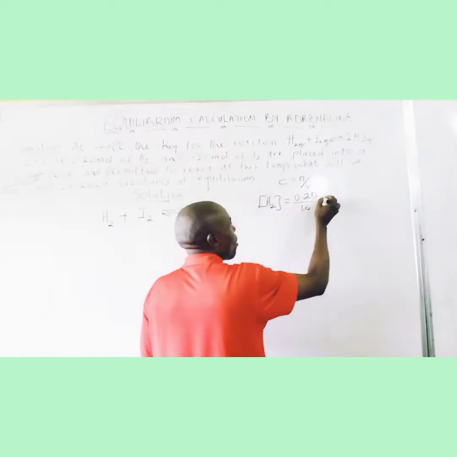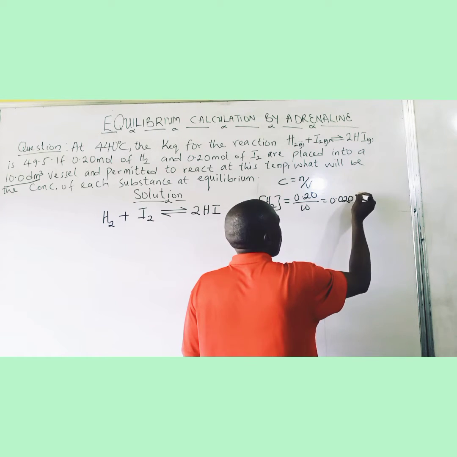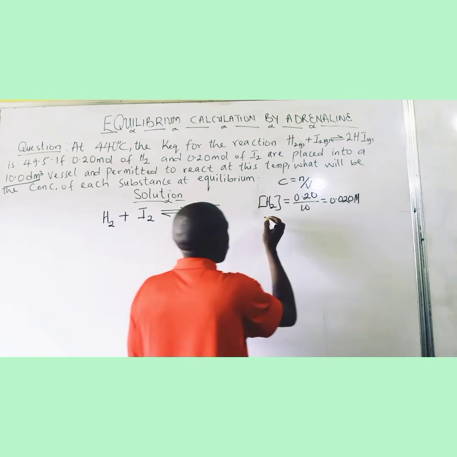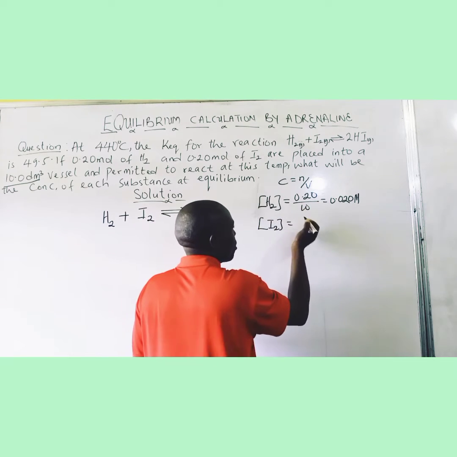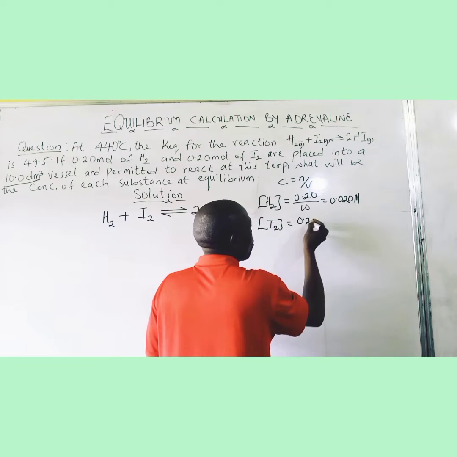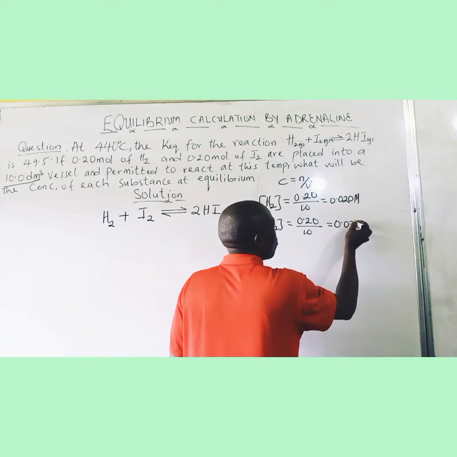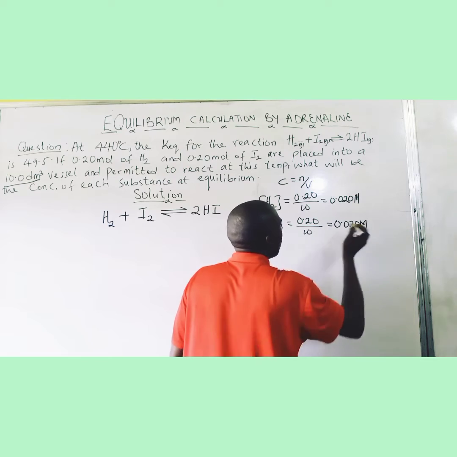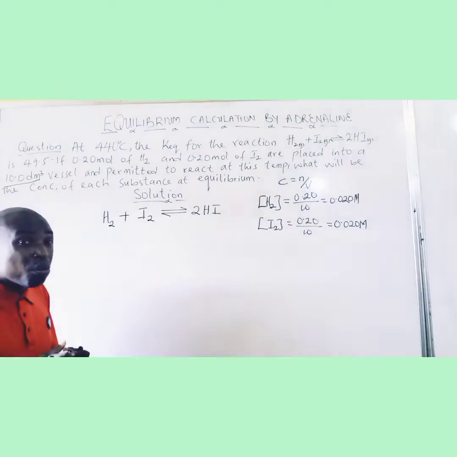When we divide it, we have 0.020 molar concentration. Move straight down to iodine, still the same, 0.20 divided by 10 will also give us 0.020 molar concentration.